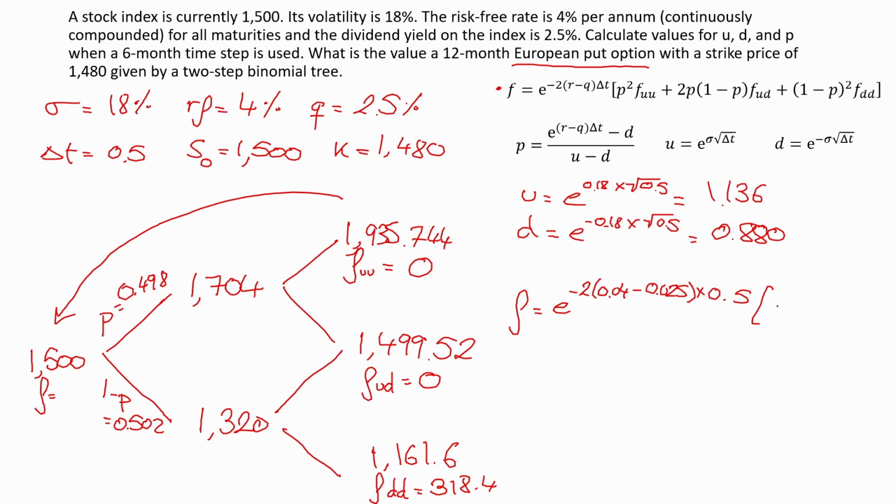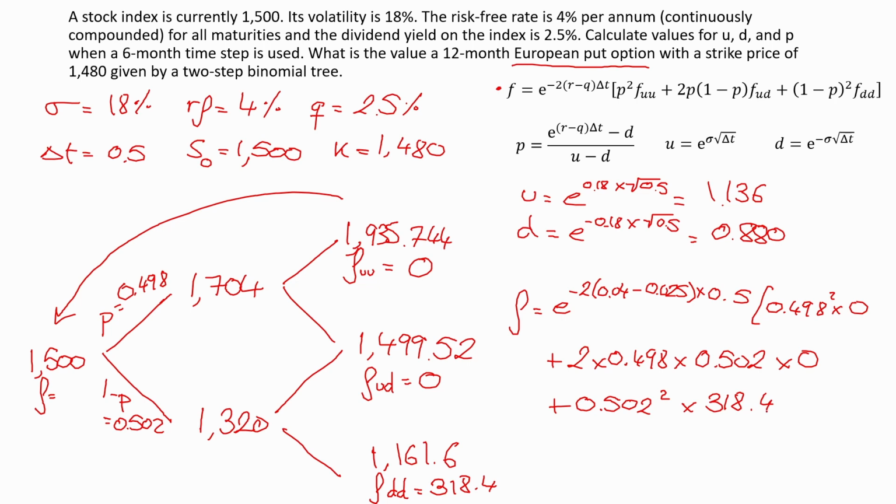We have p squared, which is 0.498, times FUU, which is 0, plus 2 times p, times 1 minus p, which we said is 0.502, times FUD, which we said is 0, plus 1 minus p squared, so 0.502 squared, times FDD, which is 318.4.